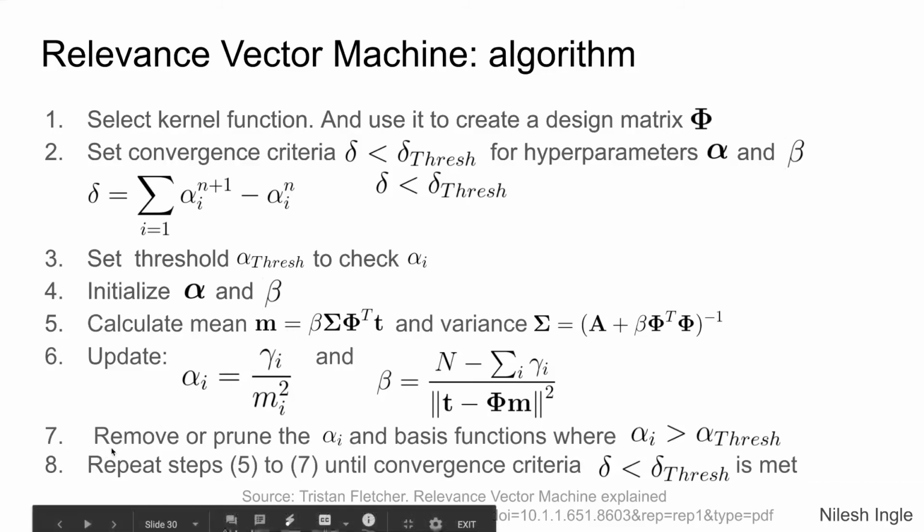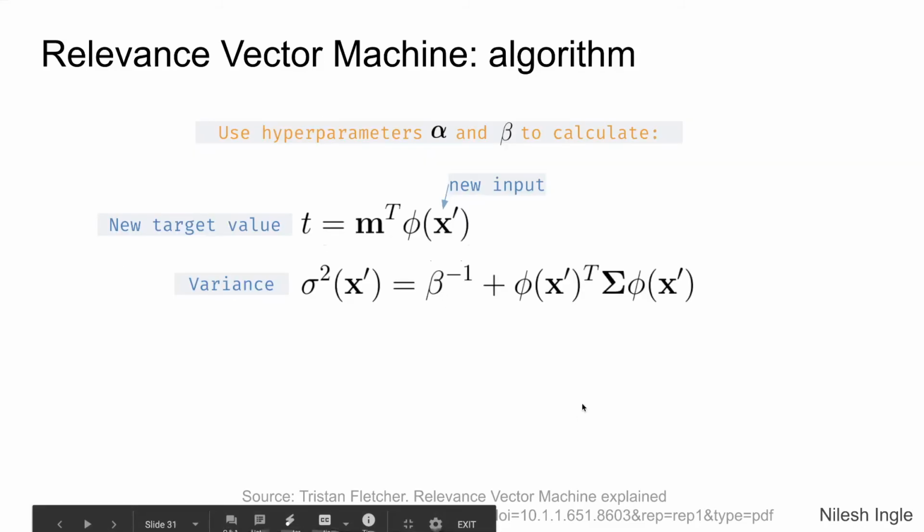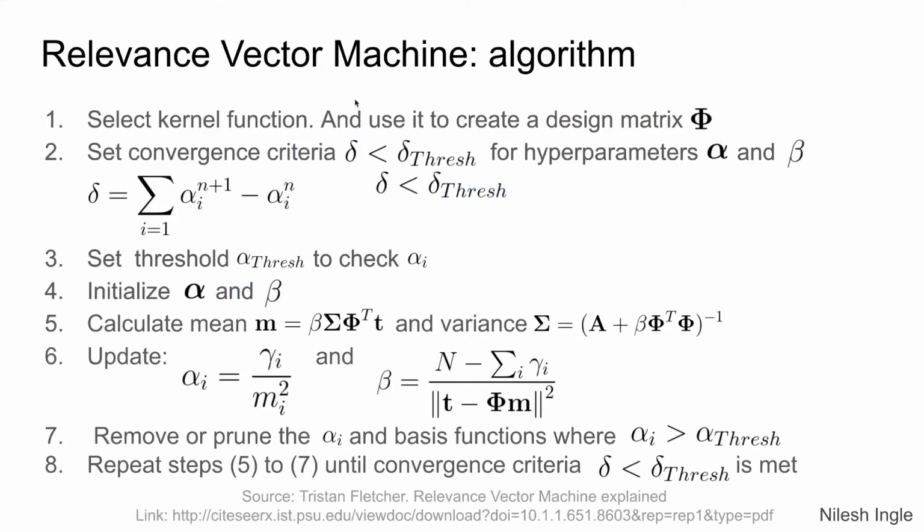And after that we want to repeat steps 5, 6 and 7 until the convergence criteria is met. So that's the algorithm for the relevance vector machine.